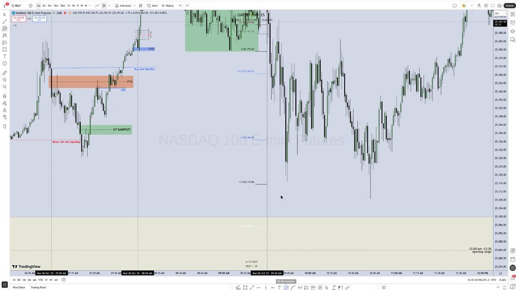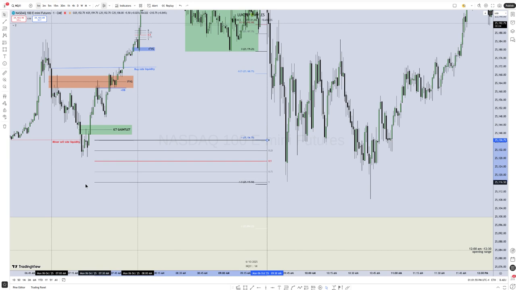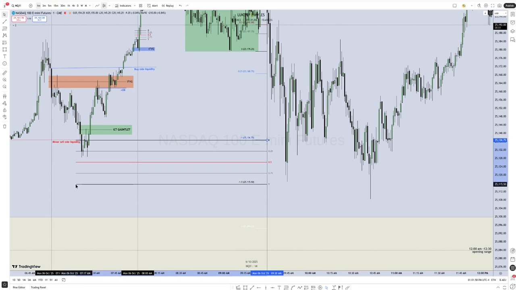So if I'm to measure this, half of the range, draw quadrants on that. If I extend this into price, I'm having half of this range aligning with sell side. You understand? Aligning with sell side.